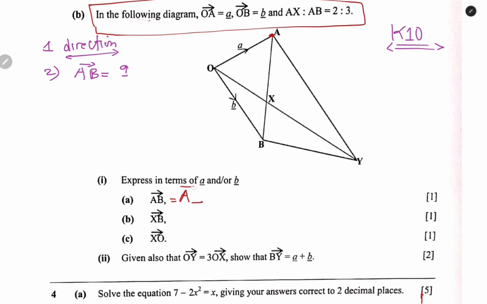So dash, plus, then dash, then you are going to end with B. So that is the way it should be. The inside letters should be the same. So you can either choose to go A, Y, then Y, B.